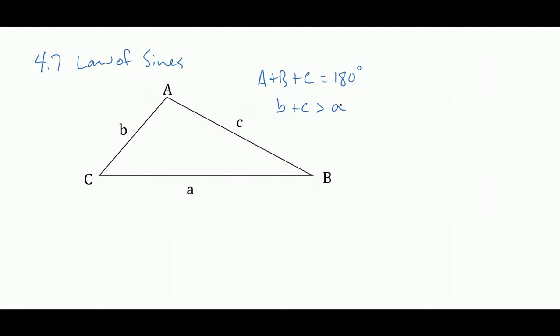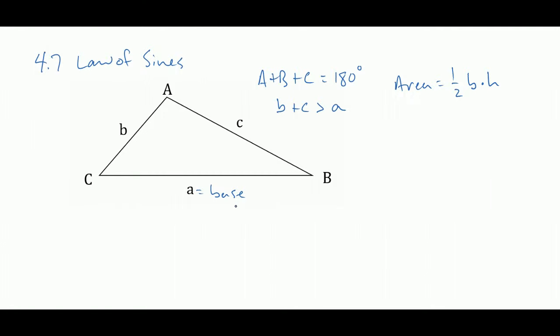In order to get to the law of sines, we need to talk about the area of the triangle. Area of a triangle is still 1/2 base times height. The way I've got this set up, we're going to call A our base, but we don't have a height in this triangle yet.